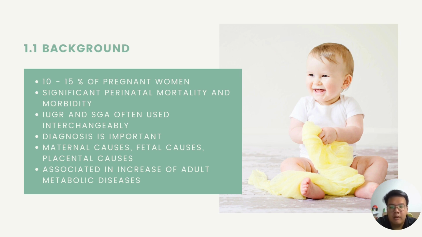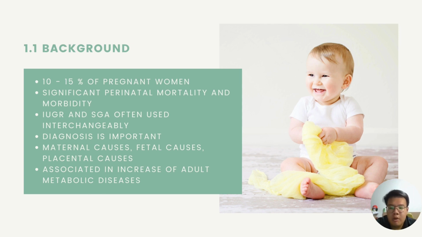And also we got fetal causes, which are genetic disease, including aneuploidy, congenital malformations, fetal infection, multiple pregnancies. And also we got the placental causes, which are placental insufficiency, placental infarction, and placental mosaicism.